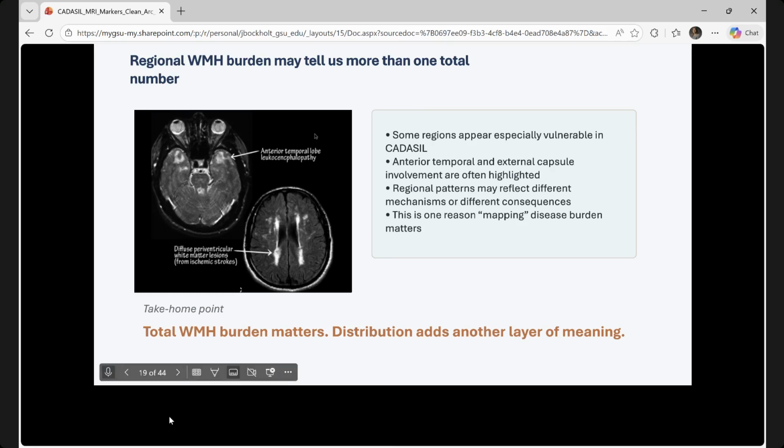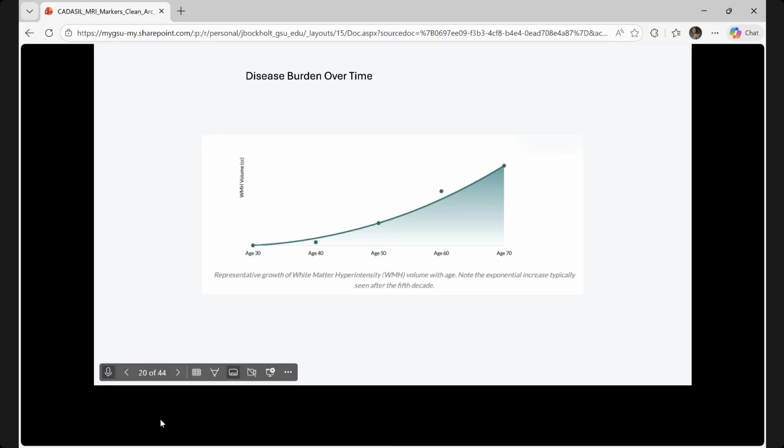And next slide. So conceptually, we've stated that the amount of lesion changes over time. We can see that in two ways. The first is that we follow the same person 2, 3, 4 times, and over time, the total burden, if you will, is going to increase.